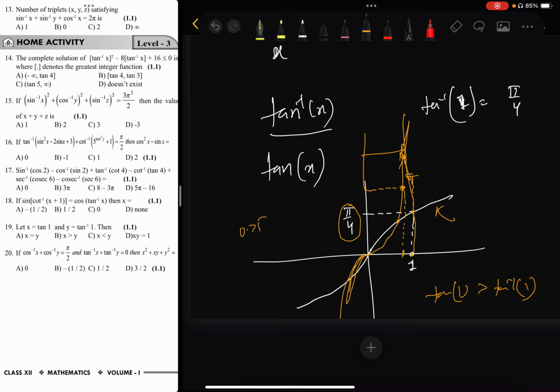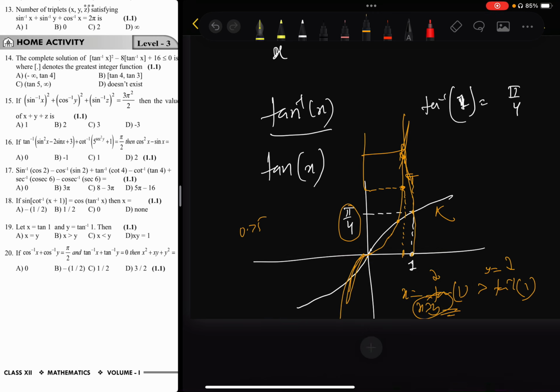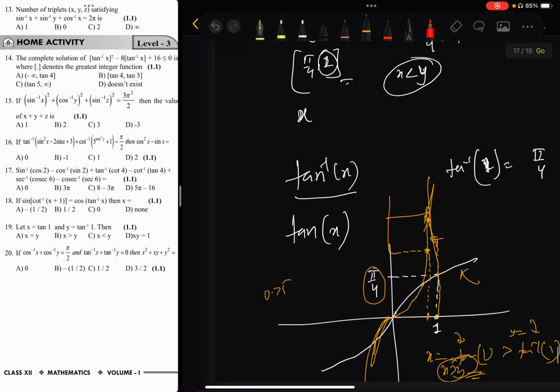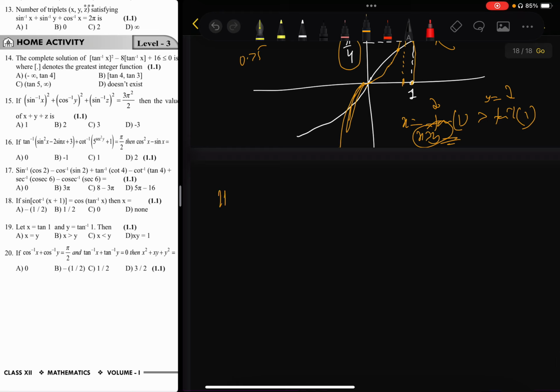So what is the conclusion here? This is equal to x and this is equal to y, right? So x will be greater than y. This is the final answer. x will be greater than y, right? I was putting pi by 4, but here in both cases we need to put only 1, right? In the previous class I was taking pi by 4 by mistake.